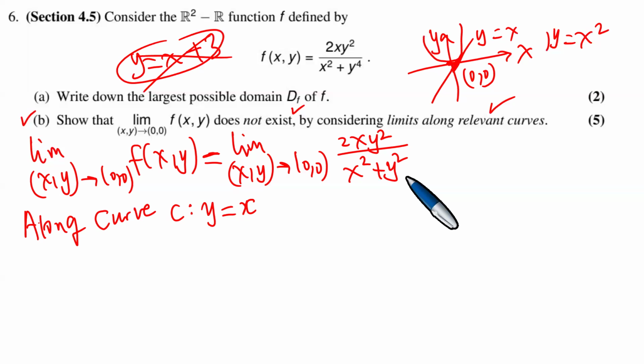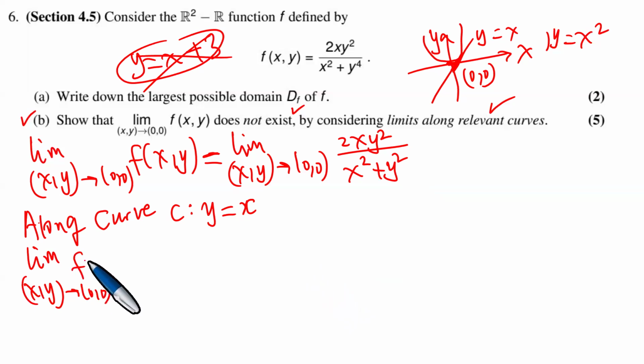Okay, we're in business now, so let's continue to perform our substitution. We take the limit as the ordered pair (x, y) approaches (0, 0).